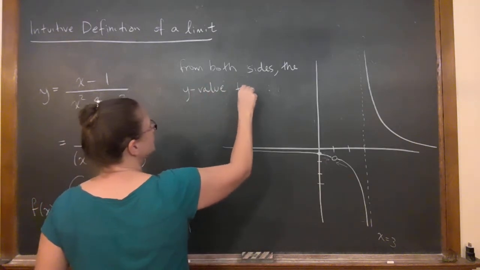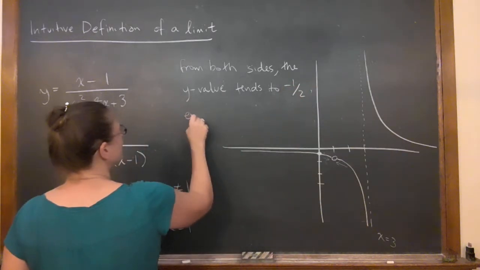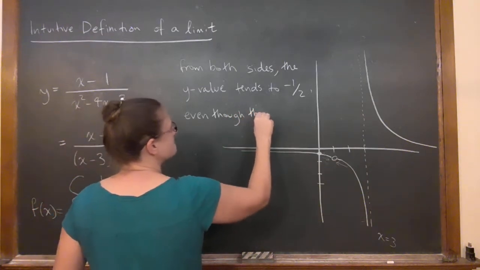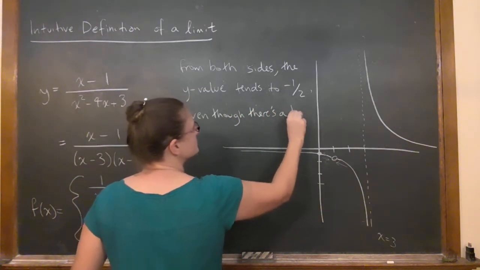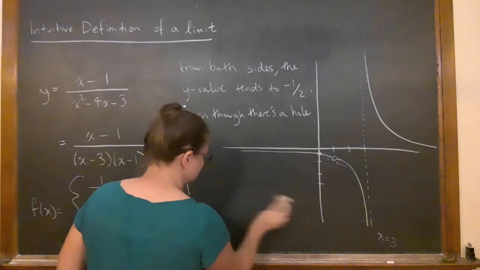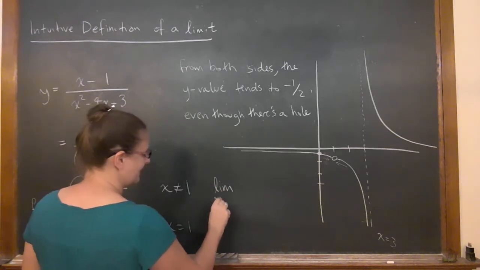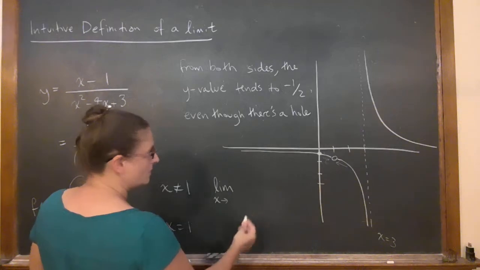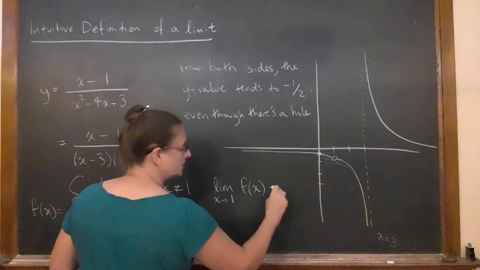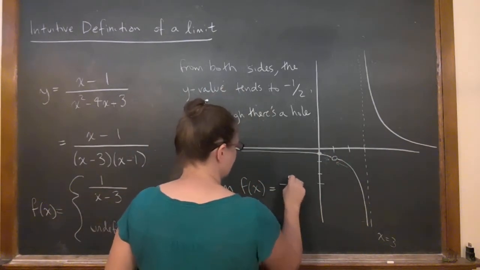The y value tends to -1/2 even though there's a hole. And so the way I would write that is the limit: I write LIM, put x going to the point that we're interested in, which is 1, and I put the name of the function, and I'm going to say that the limit there is -1/2.